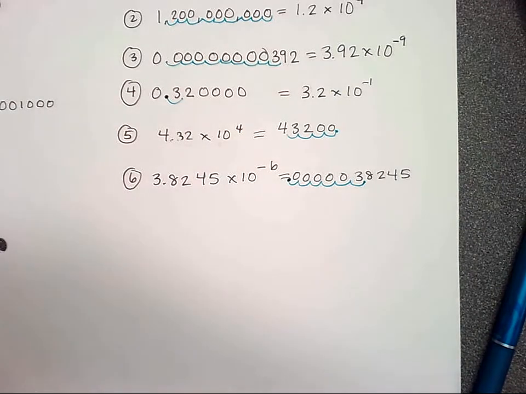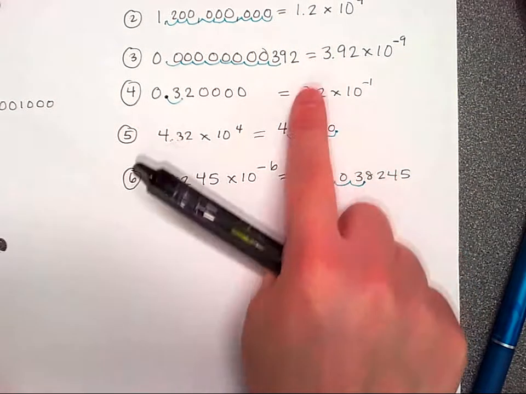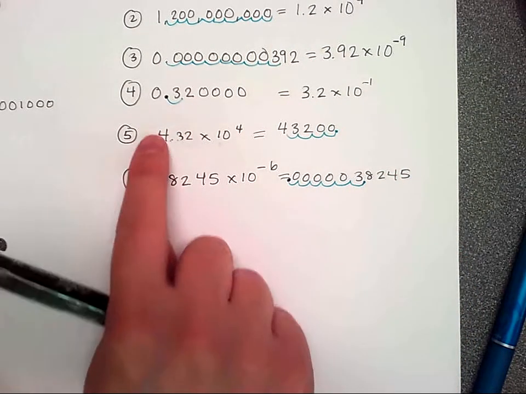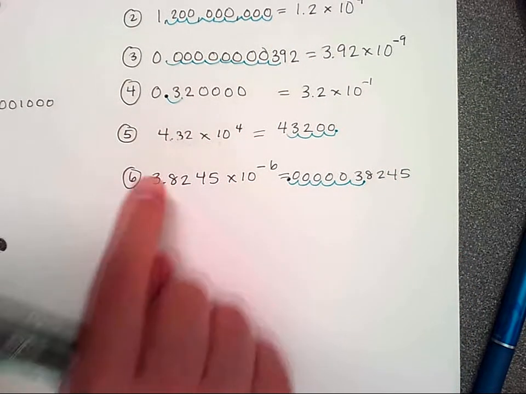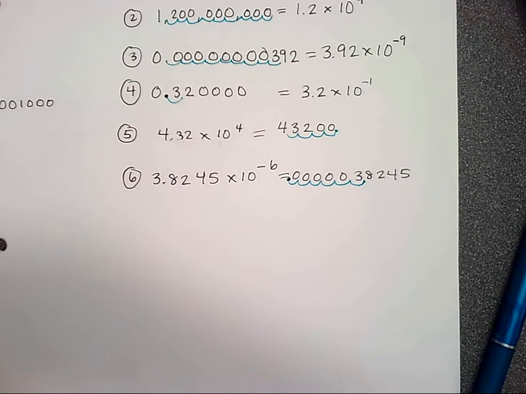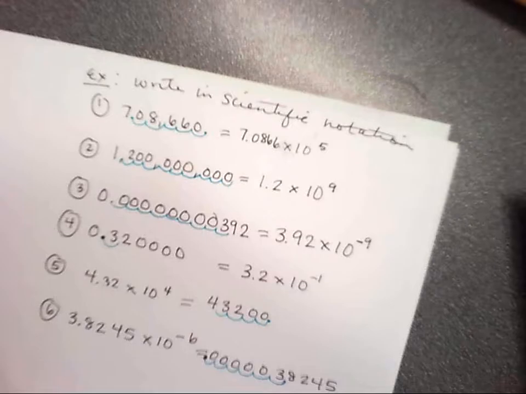An easy way for me to remember this is, obviously you have to remember that your first number in scientific notation has to be between 1 and 9, right? Once you remember that, I just remember rules of exponents. If I have a positive exponent, I leave it alone.